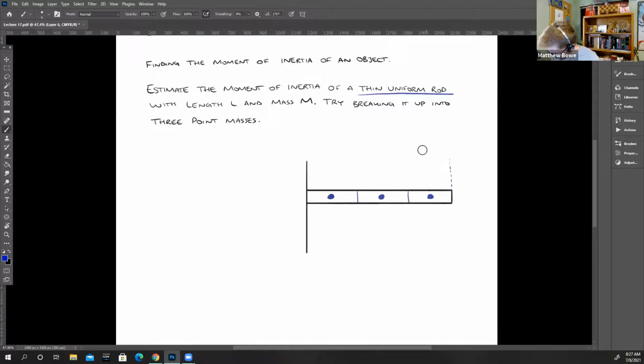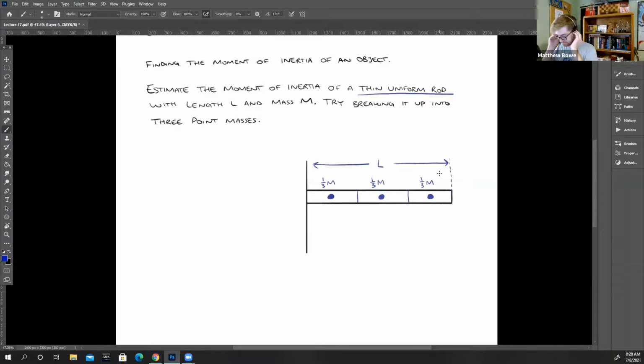This rod right here has length L. Total length is L, and the total mass is M. I'm breaking it up into 3 equal segments, and since it's a uniform density rod, I can reliably say that the first one over here is 1/3 of the mass, the second one is another 1/3 of the mass, and the third one is another third.